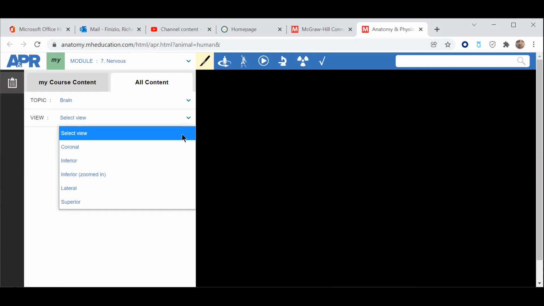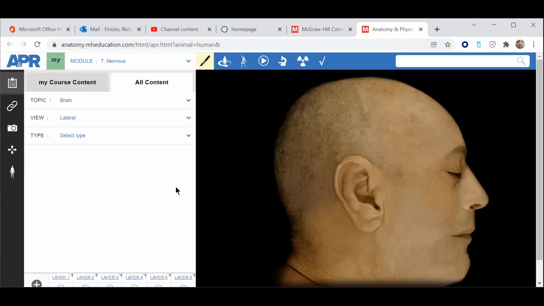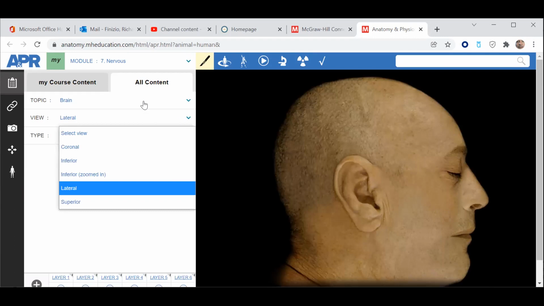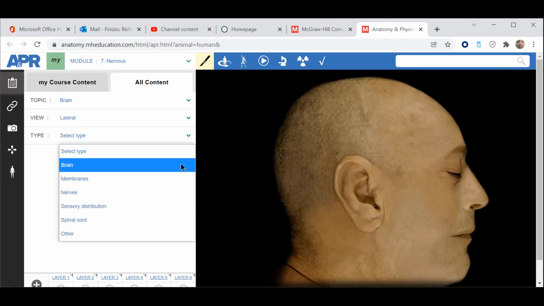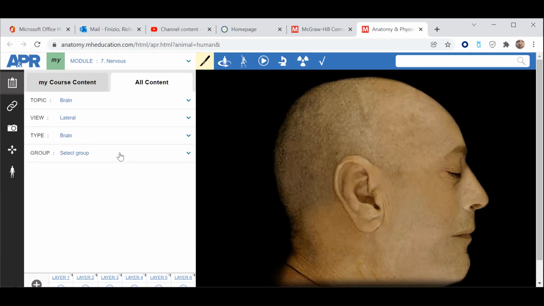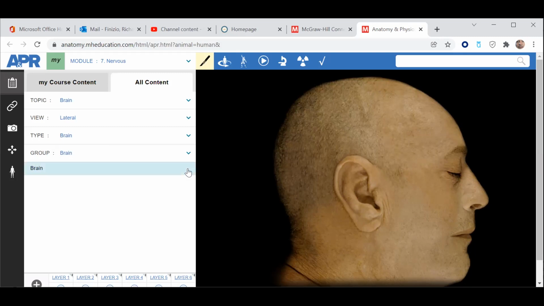Select view or look at the lateral view. And see, you won't see this, but we have to go deep. So brain tissue and the group. I don't know why it's not going anywhere.